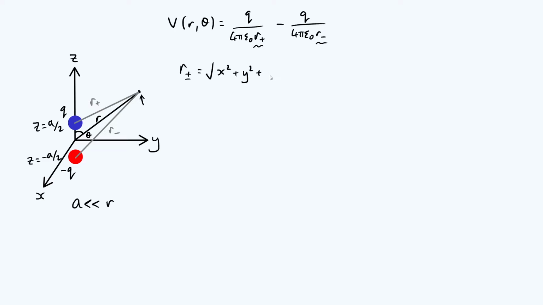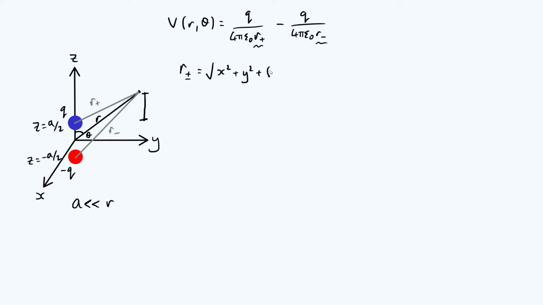It's not just going to be plus z squared, but if we think about the plus case first, the distance to the positive charge, the distance along the z-axis that we want is not just the z coordinate of that point, but it's basically this distance here that I'm marking on, because that is the displacement along the z-axis from our point of interest to the positive charge.